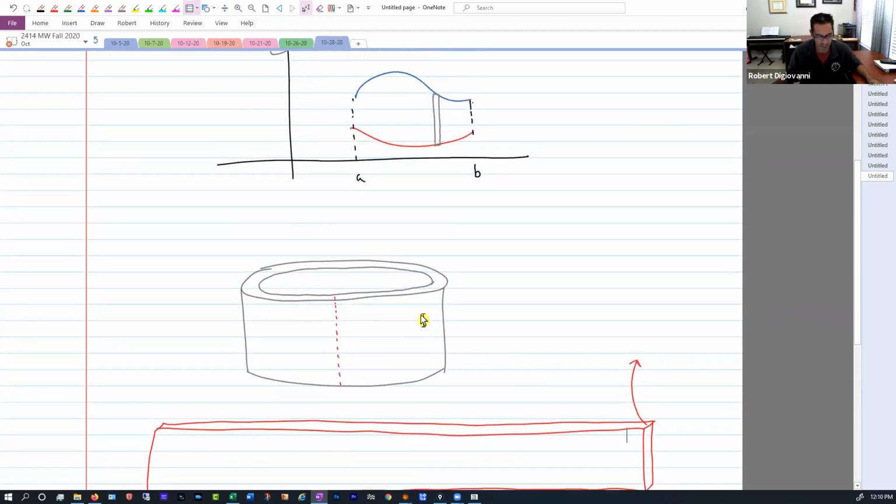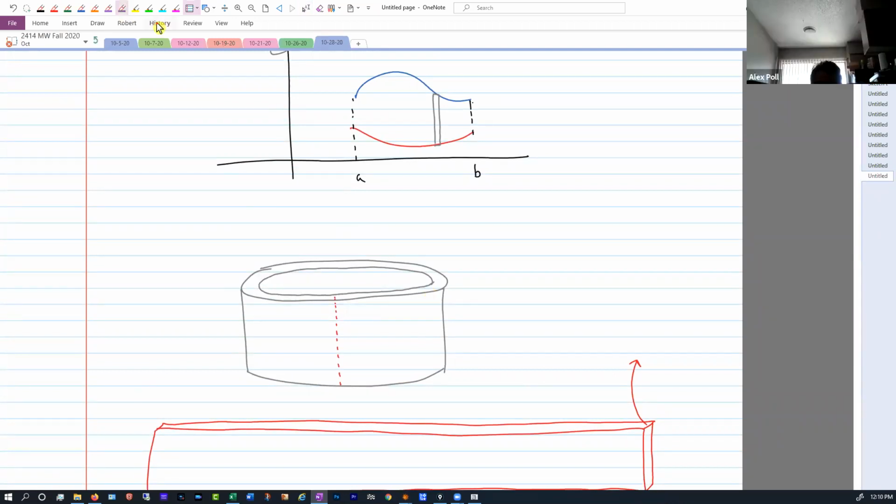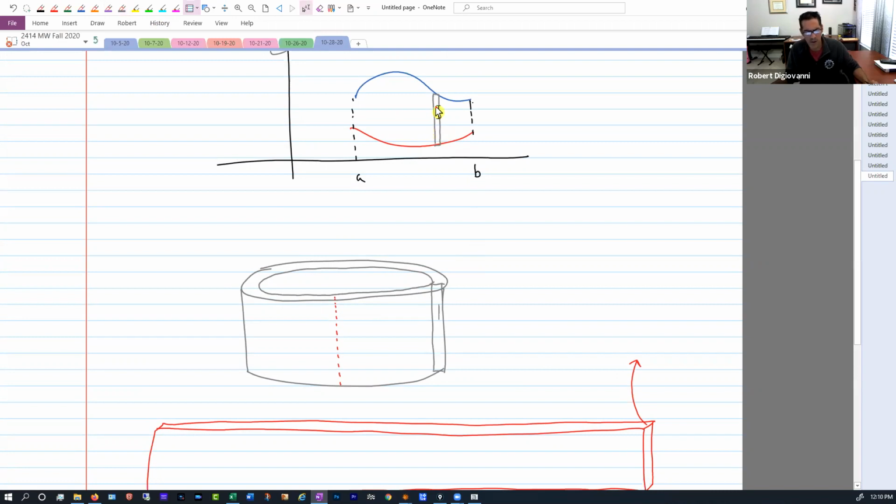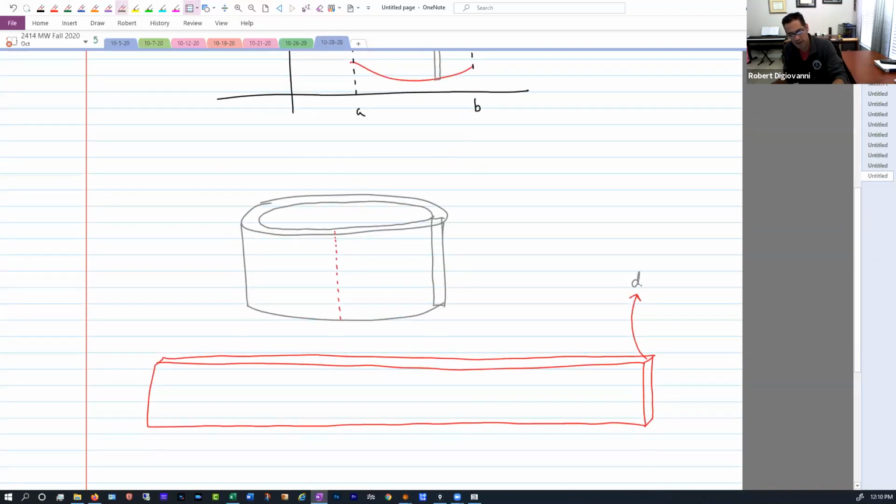Where does it come from? This thing wrapped around creates this shell, right? So it's that rectangle getting wrapped around. The thickness of that should be the thickness of the rectangle, shouldn't it? And the thickness of the rectangle is just dx, right? That's just dx.